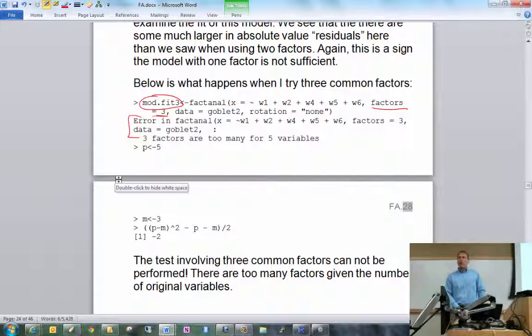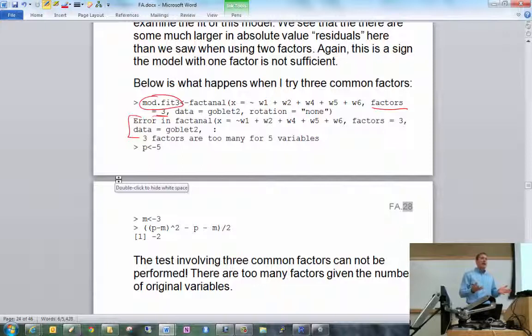Due to the number of parameters that we need to estimate with this kind of model, the more common factors you add, the more correlations you need. You just might not have enough of these corresponding correlations, if you remember our discussion from last time, to really be able to do the estimation.